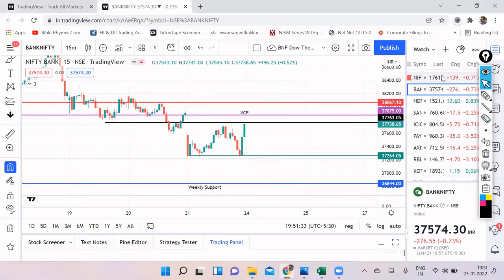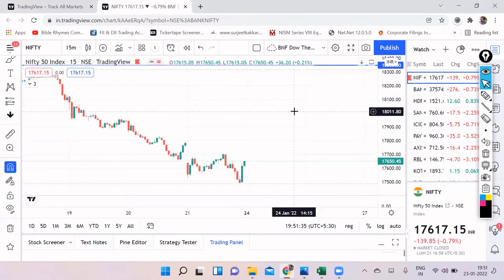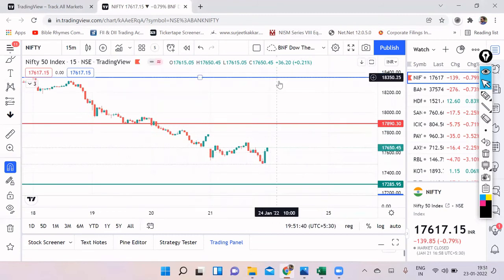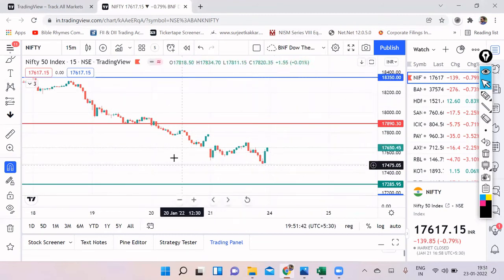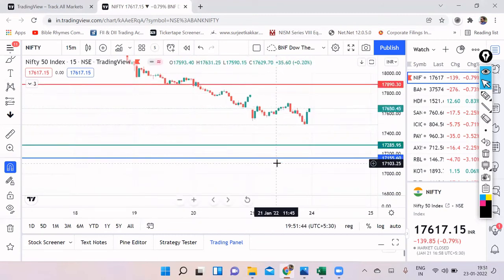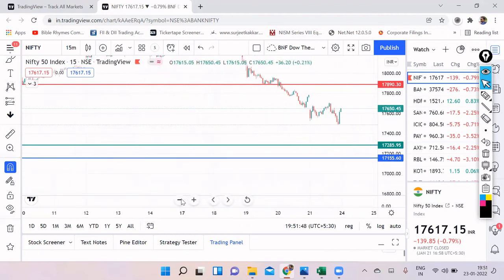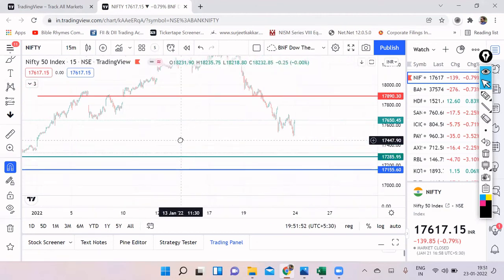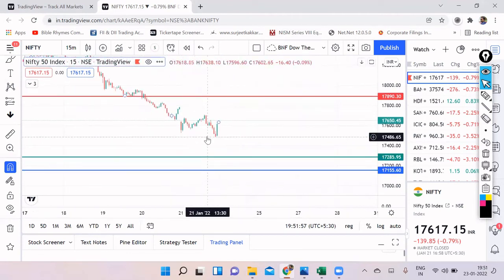Now let's quickly check out Nifty. For Nifty, the weekly resistance happens to be 18,350, and the weekly support we spoke about is 17,155. And there is another support that I've drawn here, which happens to be at 17,285. So we should trade this 17,285 when we break this particular low.